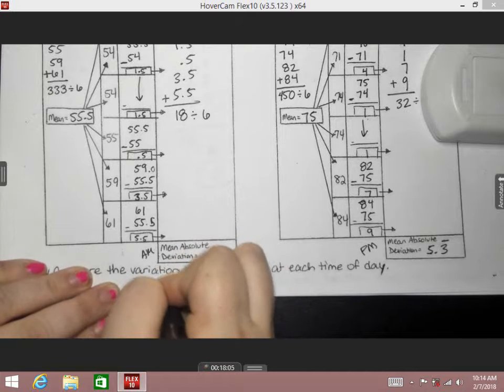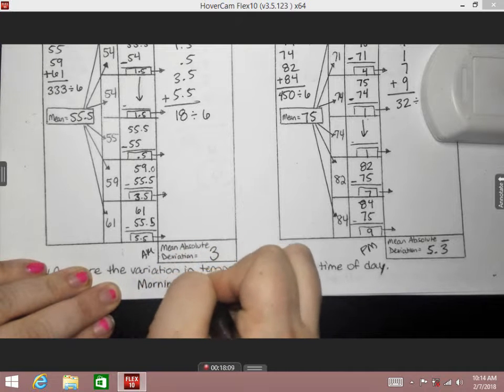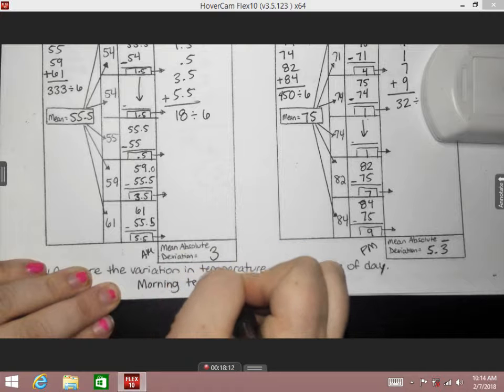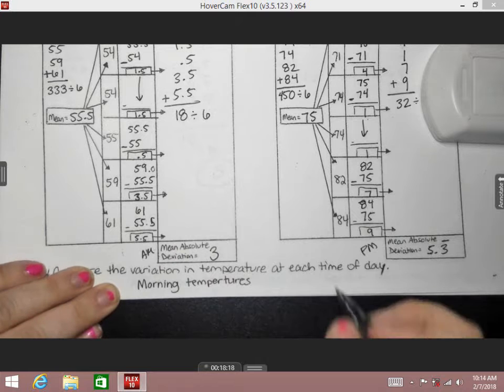So morning temperatures, instead of saying not as spread out, are y'all okay with me saying are closer together? Is that okay?